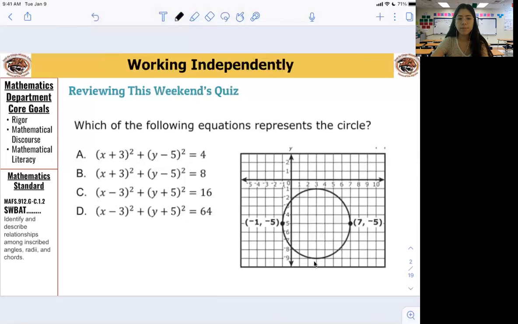Wait, is this area? This is asking for the correct equation. Okay, a couple more seconds. Just tell me in the chat what you put, and then if you got it wrong, tell me what you think it might be instead.